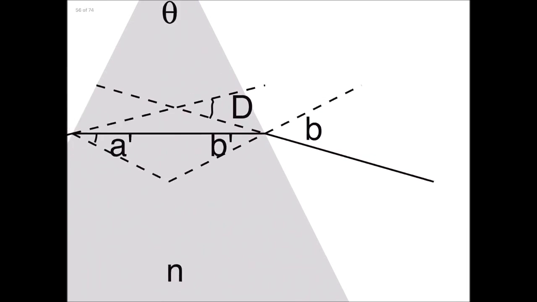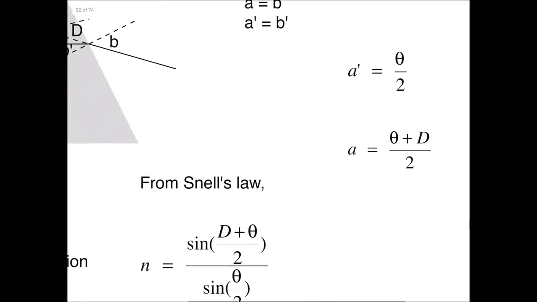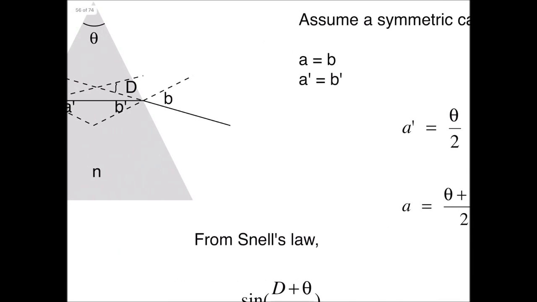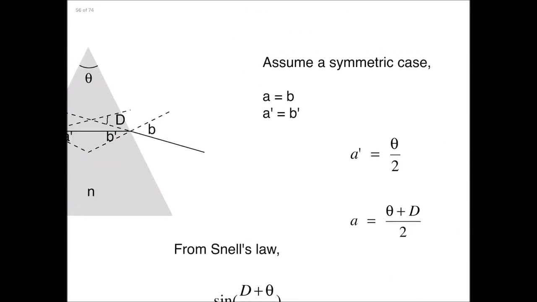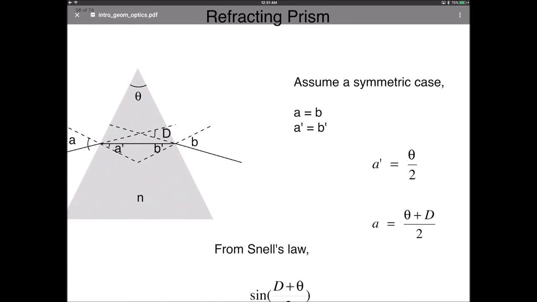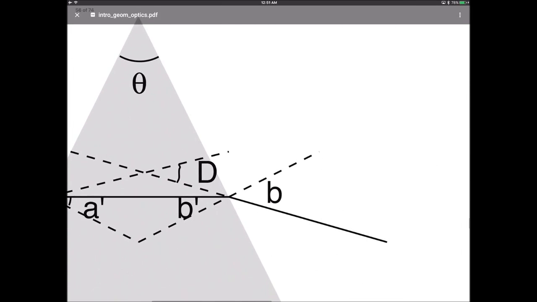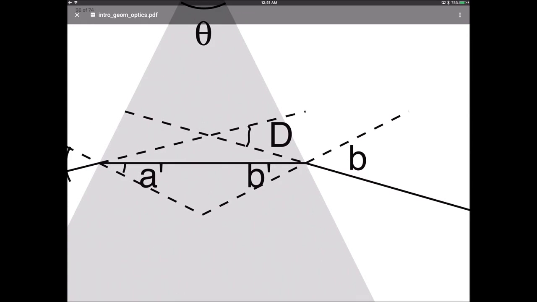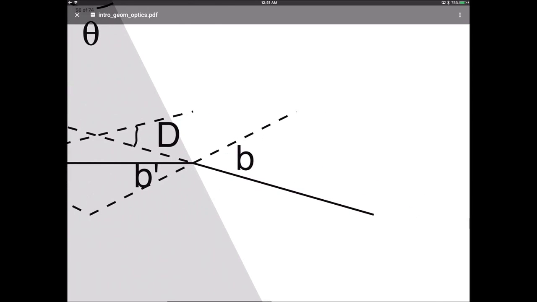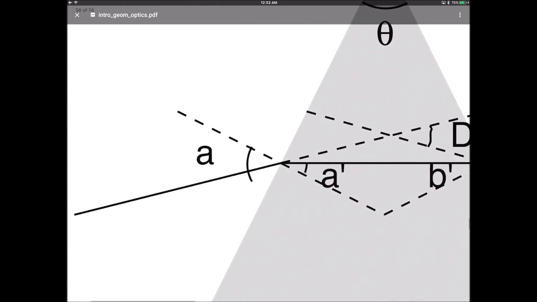So we can do a little bit of geometry, and we can write two relationships of A prime and A with respect to the prism angle theta and this angle D, which is the alternate angle of the two beams, of the two rays of light when we traced back. So this is the ray of light traced back, and the incident ray traced back. That's the alternate angle.